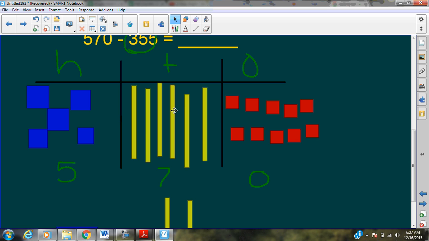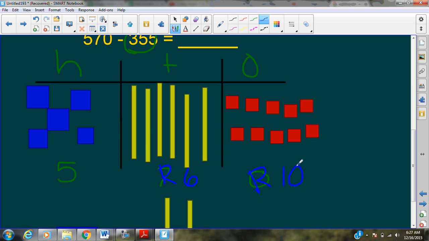Even though I have 6 tens, which is 60, I now have 61, 62, 63, 64, 65, 66, 67, 68, 69, 70. I still have 570 altogether. To help us when subtracting, you would regroup the 7 and show what we have, which is really 6 tens. Instead of having zero ones, I have 10 ones now. So I have 5 hundreds, 6 tens, and 10 ones.